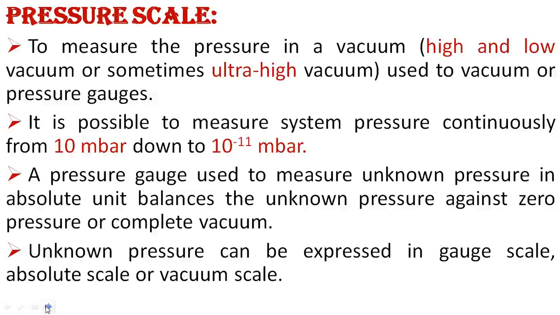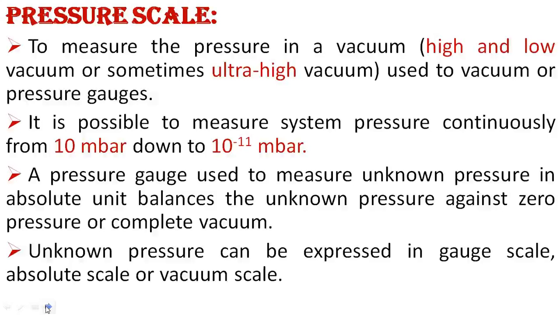A pressure gauge is used to measure unknown pressure in absolute units, against zero pressure or complete vacuum. The unknown pressure can be expressed in gauge scale, absolute scale, or vacuum scale.